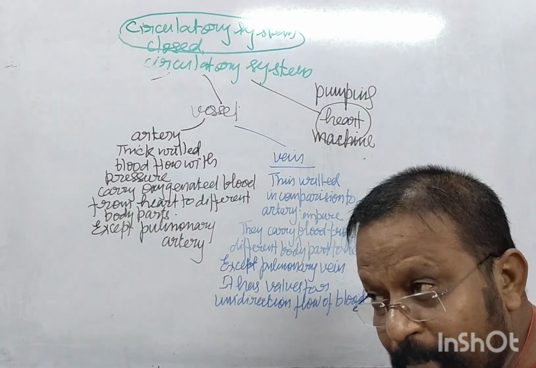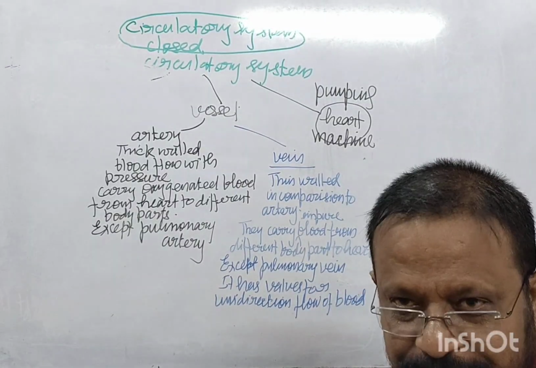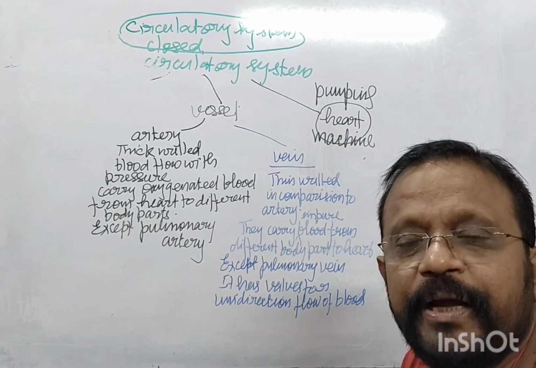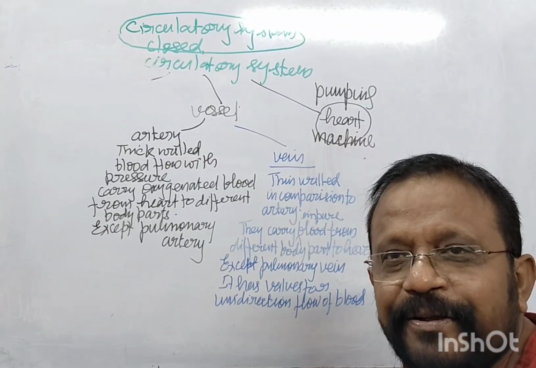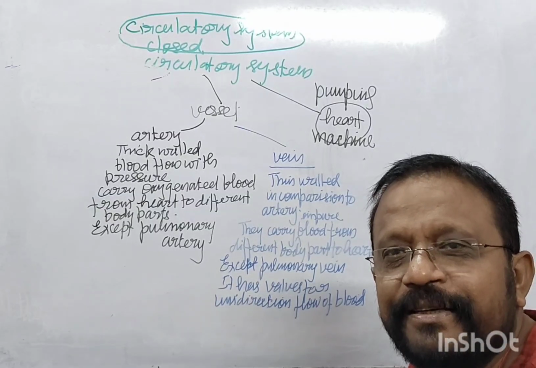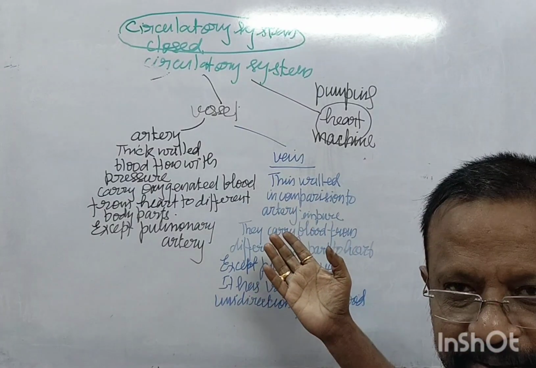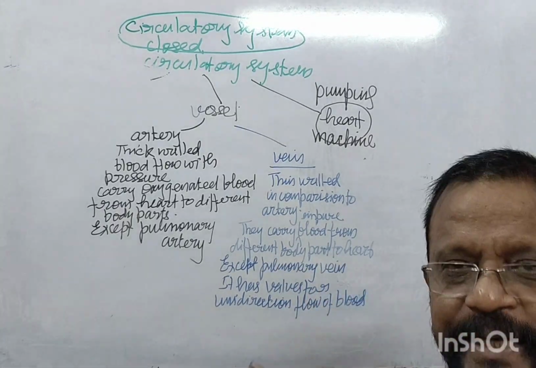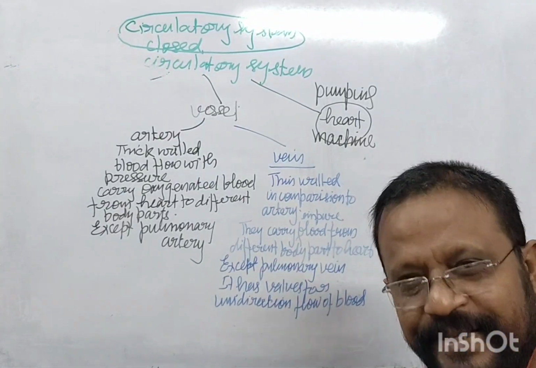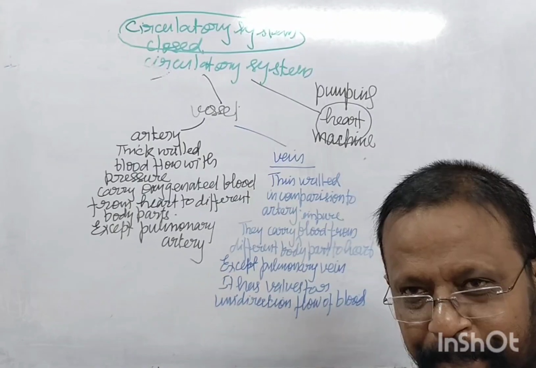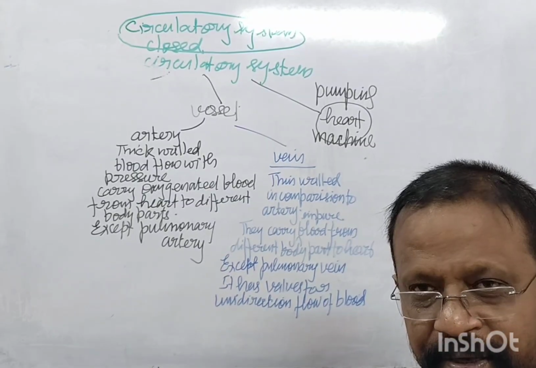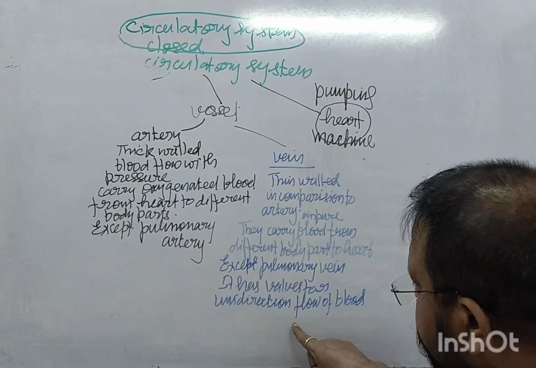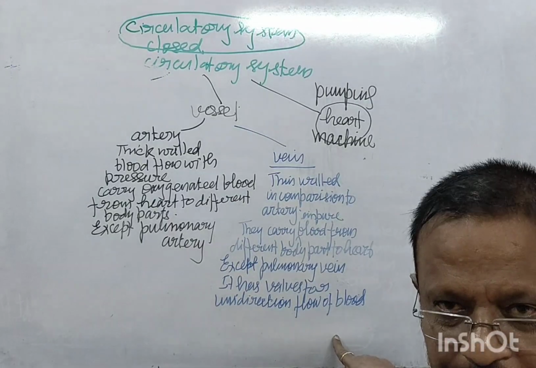But when you come back from school, you become tired and feel weakness. Similarly with the blood, when it is coming from different body parts to the heart, it has lost its pace. So valves are there for unidirectional flow of blood.